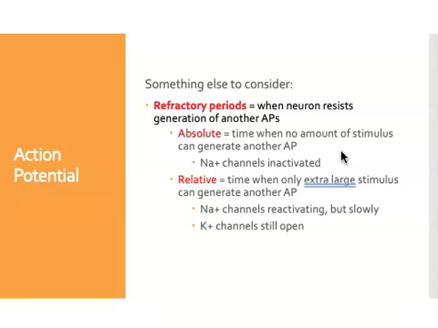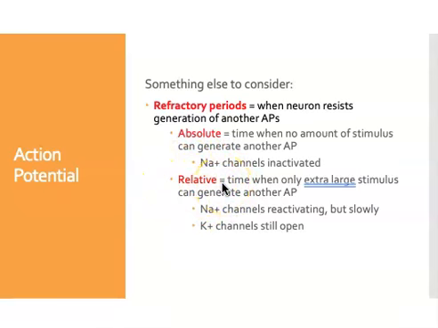They're all going to do it together. They're going to open at minus 40. They're going to snap closed at plus 40. The inactivation particle is different. The inactivation particle is going to close the channel at plus 40, but there is no specific voltage that causes that particle to open back up again.